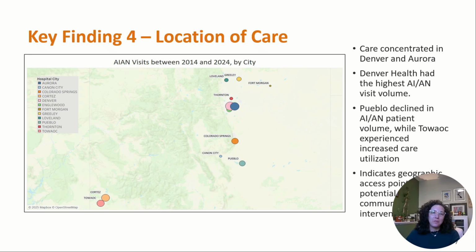That pattern reinforces what community partners have been saying for years. And what the Denver Indian Center really helped reinforce for us is that people go where they feel welcome and where relationships with providers already exist.